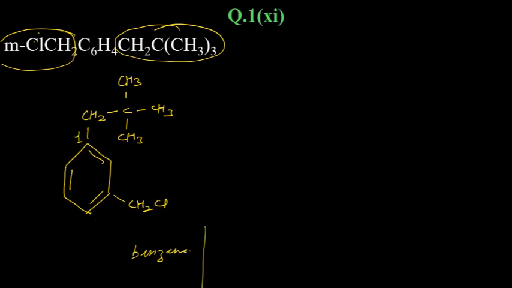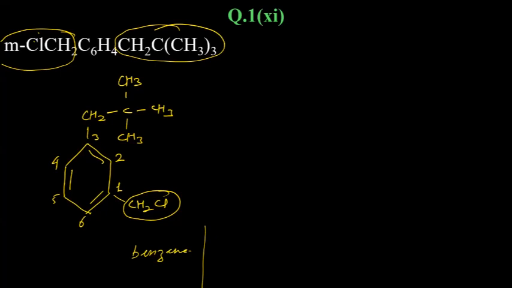This can be one, this can be one also, because both are branching positions. But chloro comes first, so this one will be first, this one second, third, fourth, fifth, sixth. This one is the chloromethyl group. C will be considered of chlorine because it is named chloromethyl.